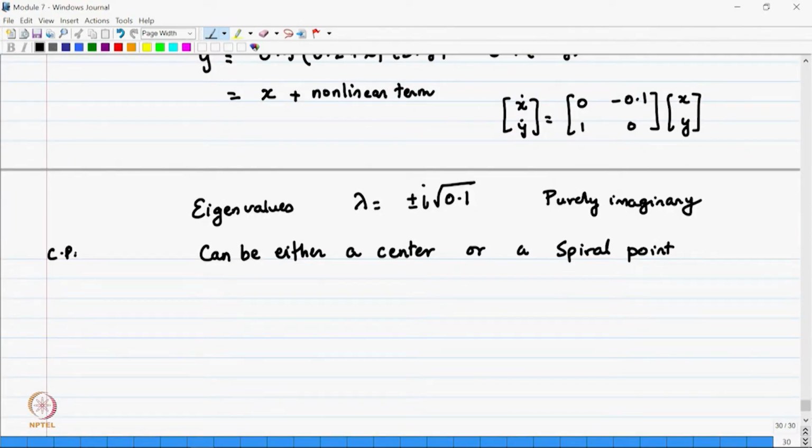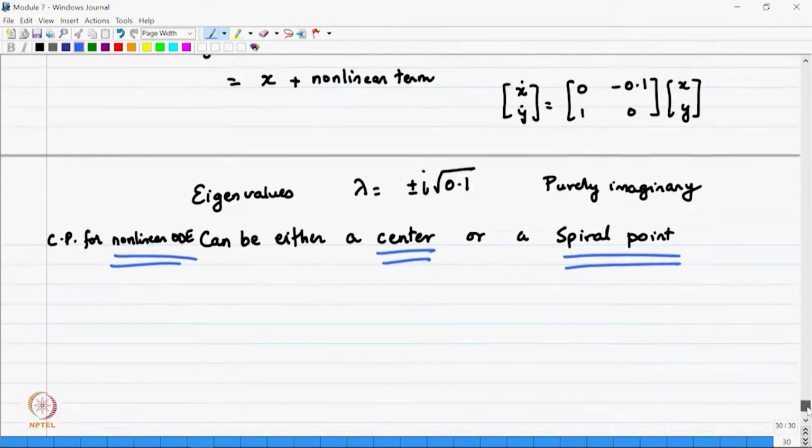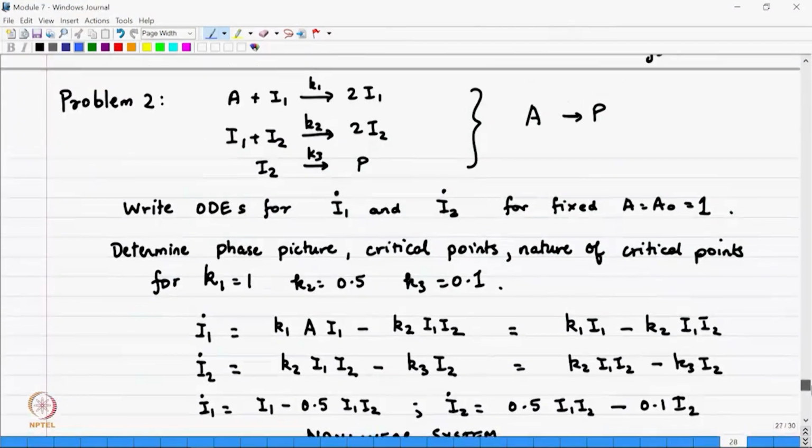So the critical point for the nonlinear ODE can be either a center or a spiral point. It is very important that this is for the nonlinear ODE. For the linear ODE, clearly this will be a center, but for the nonlinear ODE, it can also be a spiral point.